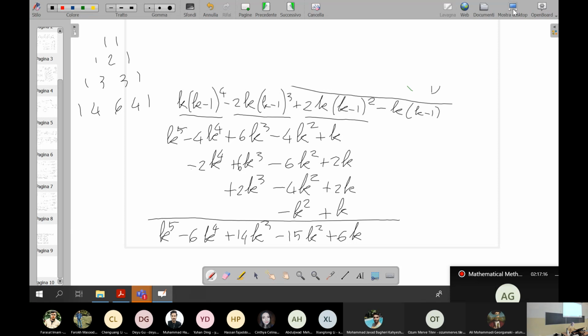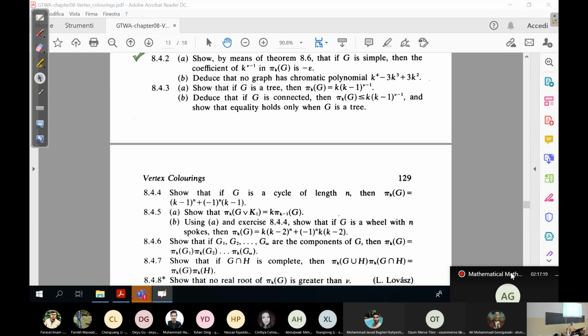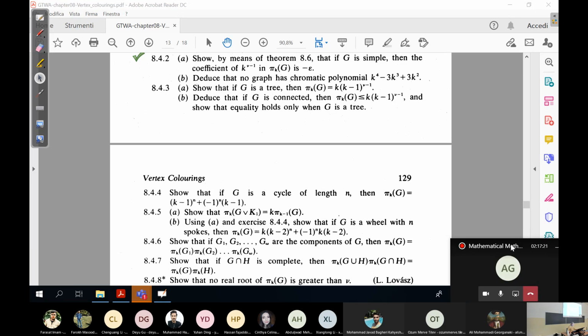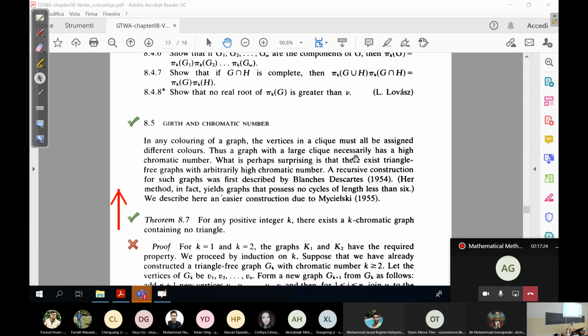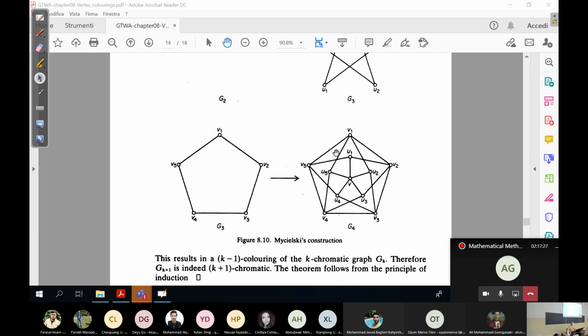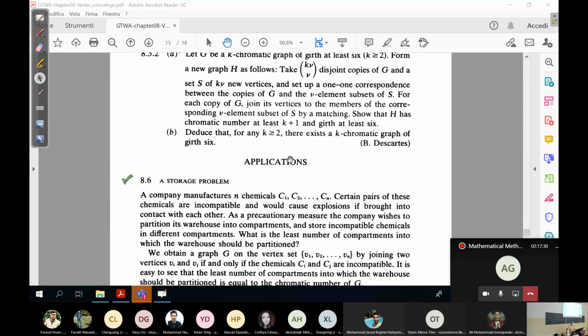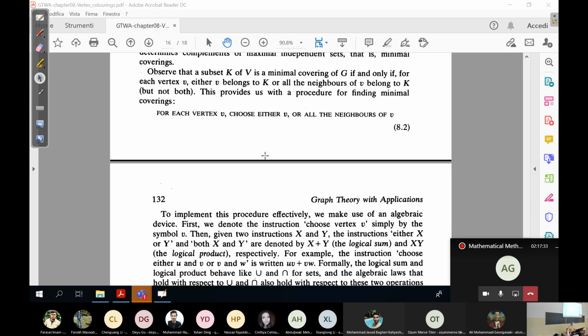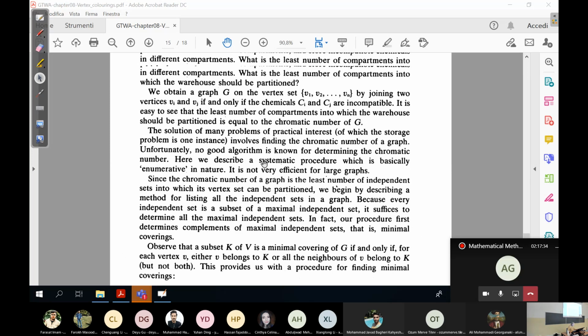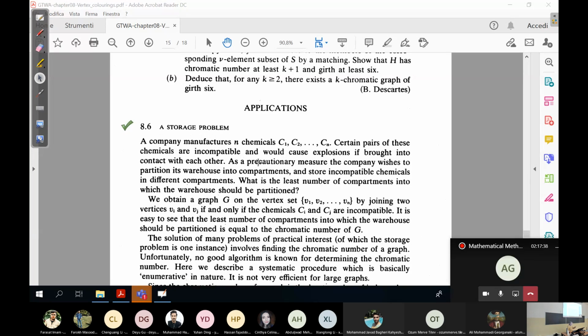Now, I want you to see that other thing, yeah, we have time to do it. The last thing we are interested in for our midterm. As an application, you can have chemicals, and you have to store them, but there are incompatible ones, okay?